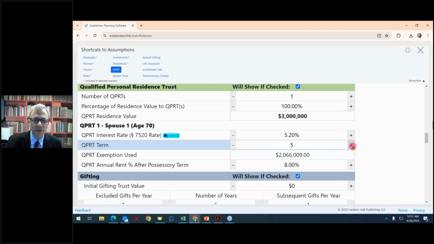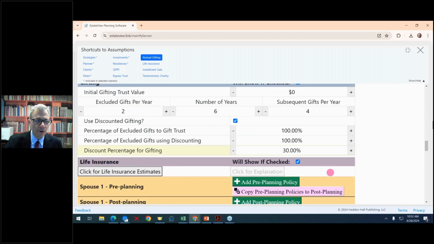Maybe I'll select an 8-year term, and that will use $1.6 million of the estate tax exemption, but get the entire home and growth out of his estate for estate tax purposes. After the 8th year, he can start paying rent for use of the home, and we'll assume his rent rate will be 6% of the value of the home.